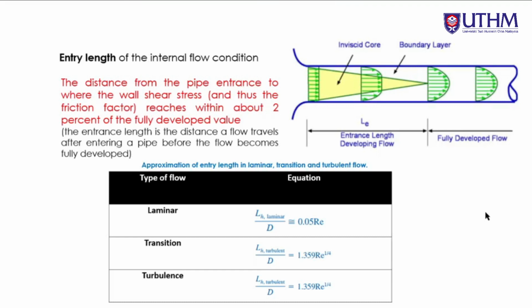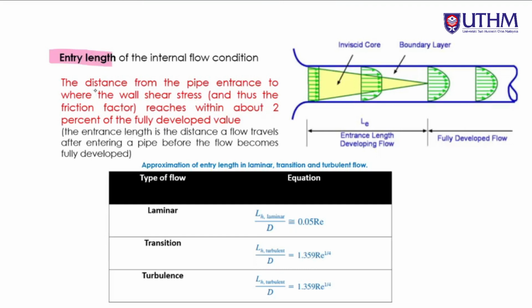Okay, now we continue with the chapter 6. Okay, in this slide, we introduce another parameter which is called the entry length. Entry length of the external, internal flow conditions. So what is entry length?